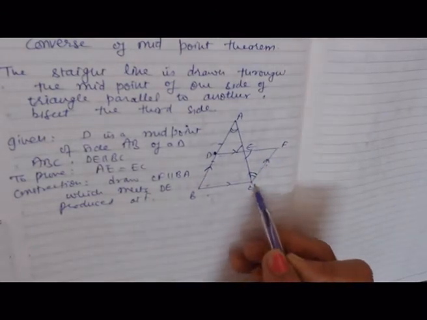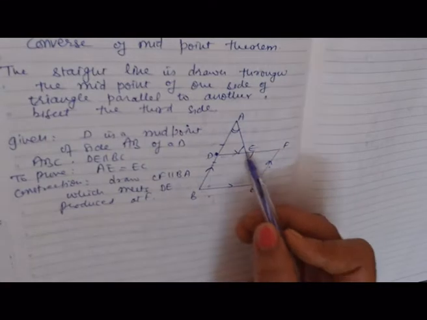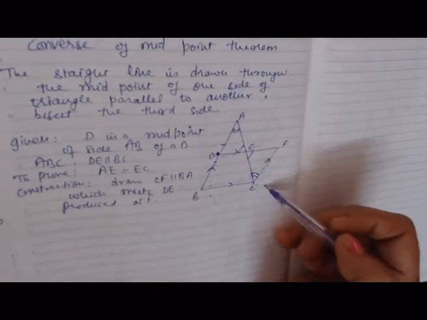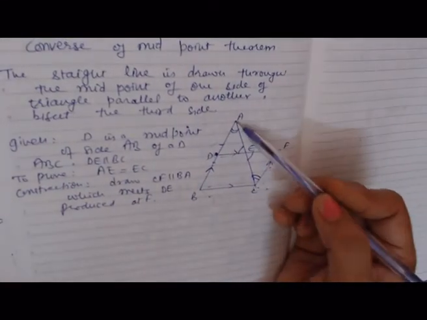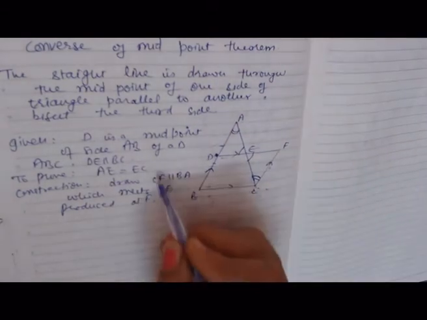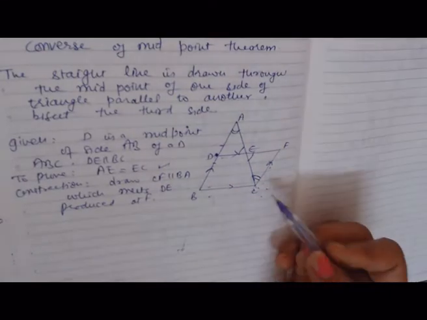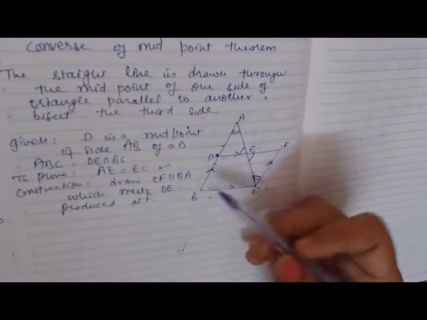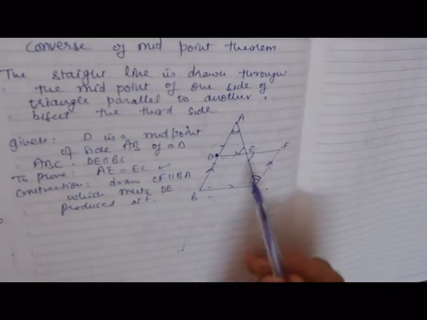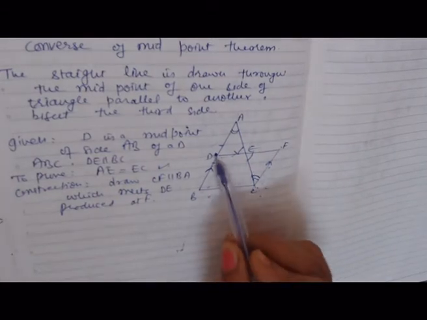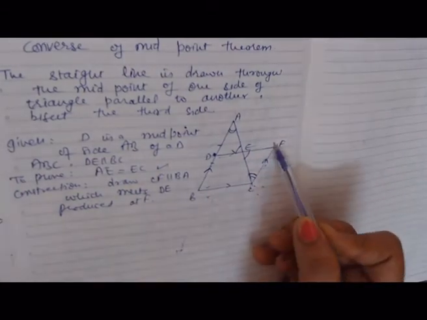You have to prove that E is the midpoint of AC, that means AE is equal to EC. Now draw CF parallel to BA, meeting DE produced at the point F.